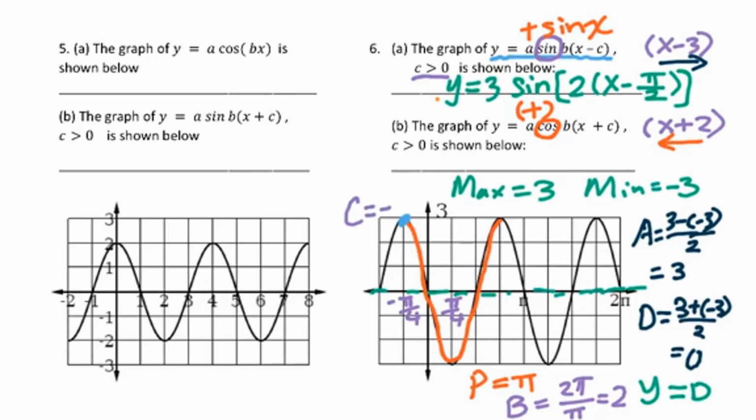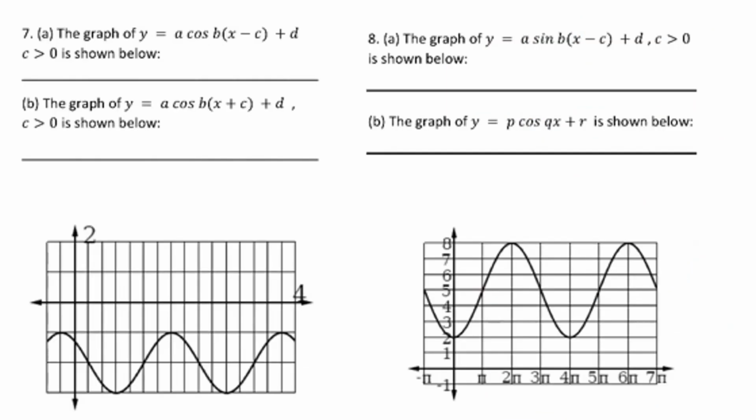C equals negative pi over 4. Now I can write down the function: y equals A, that's 3 cosine. This pattern is positive. So we do B, that's 2, times x minus negative pi over 4, that's x plus pi over 4. That's your answer for B.